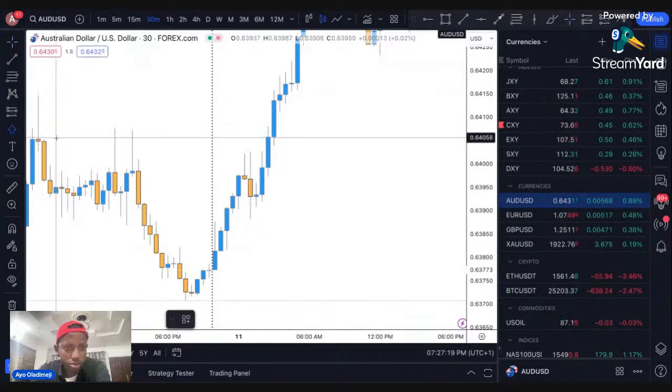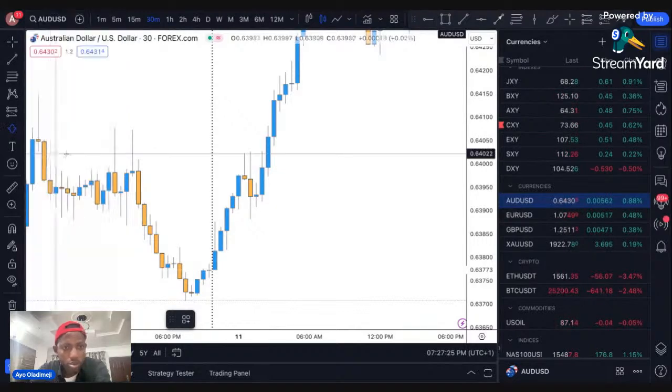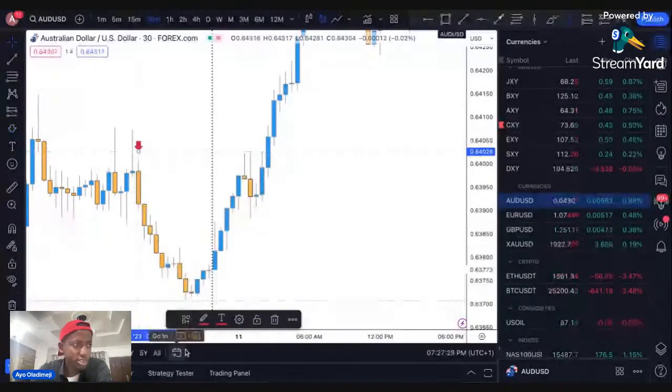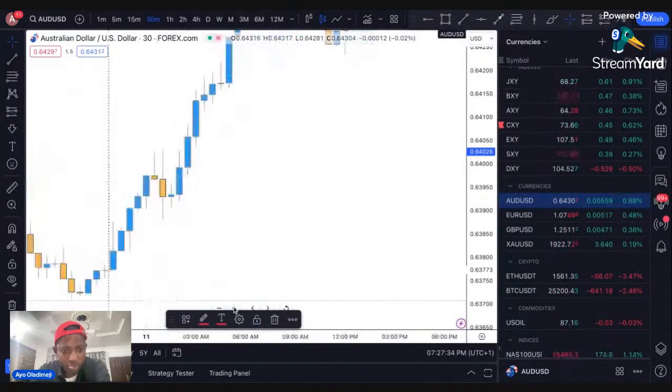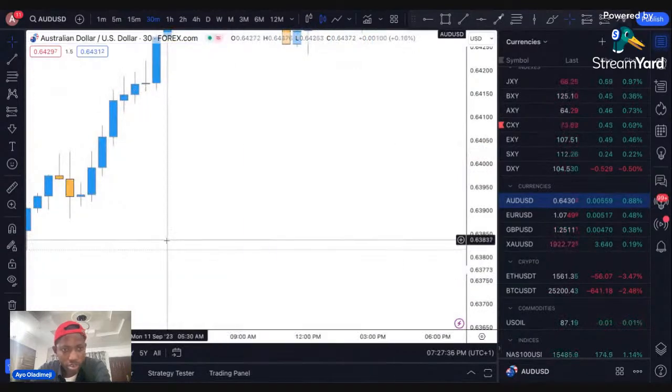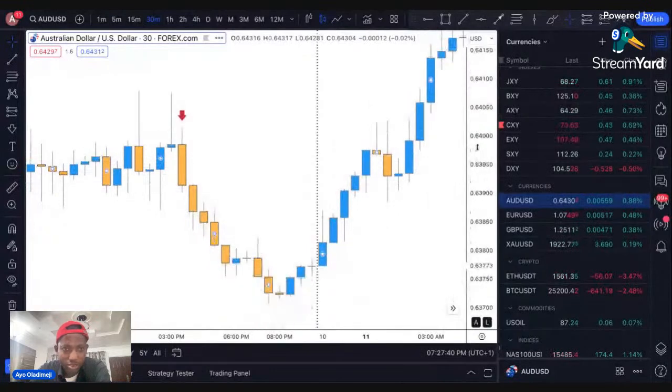Let's pay attention to this orange candle. Let me zoom so that we can see them very well. Now, you can see that these are candlesticks.